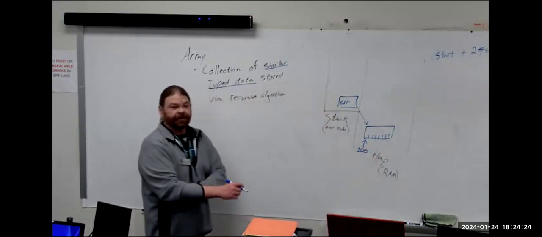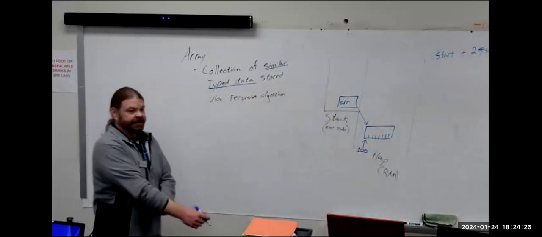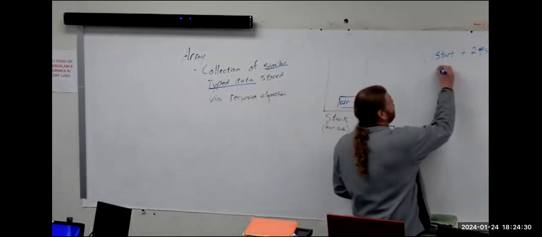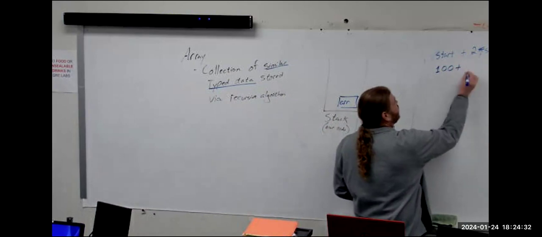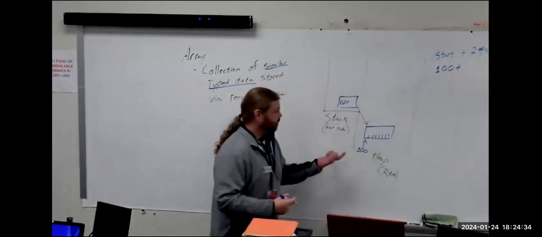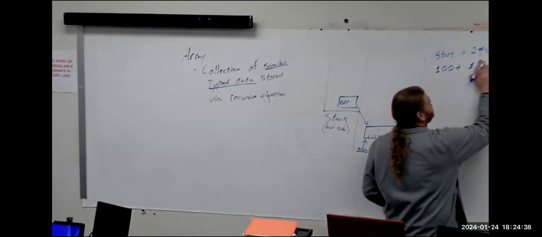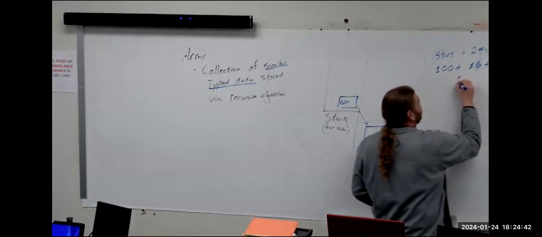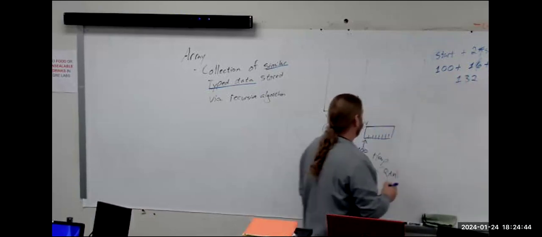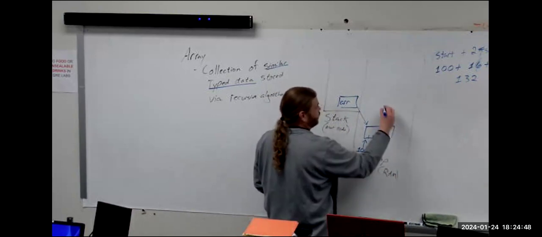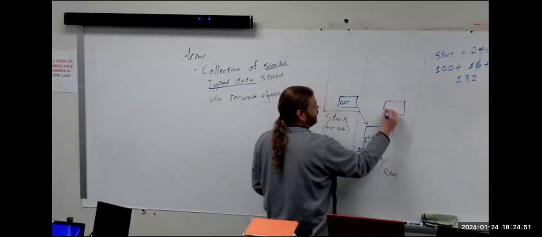So there's room around that, so we can start there and just shove the data in bit number 100. So we have 100 plus 2 times size. We have 8-bit data. So 16 plus 16. And our next one's going to be at 132. So after that, I don't know, I'll draw it over here.